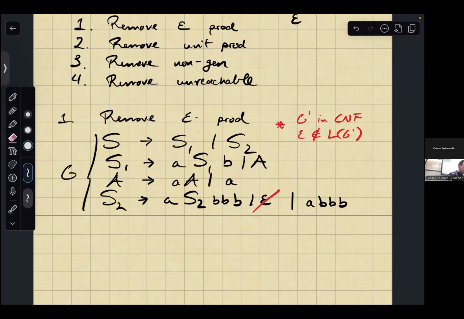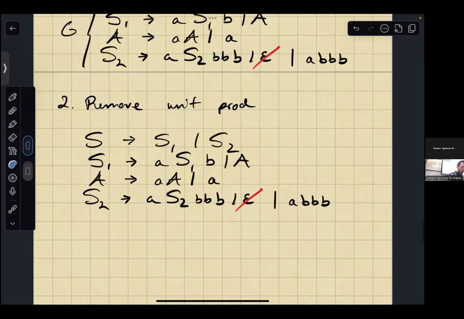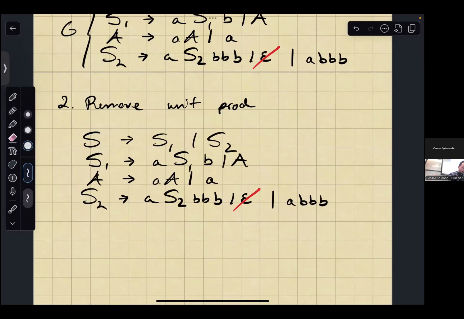Nice. Now, the next thing I need to do is remove the unit productions. So let's copy this grammar and paste it. Let's erase this one. Now let's see which of these are unit productions.